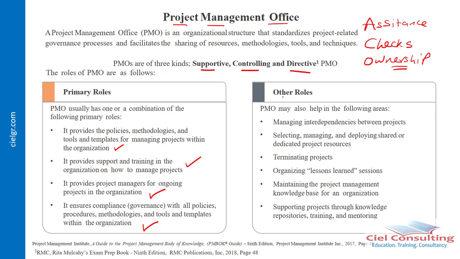Of course, other roles that the PMO can play can include managing interdependencies between projects, also selecting, managing, and deploying shared or dedicated project resources. They can also terminate projects when the need arises, and they help in providing support through what we refer to as knowledge repositories, as well as training, and also mentoring.